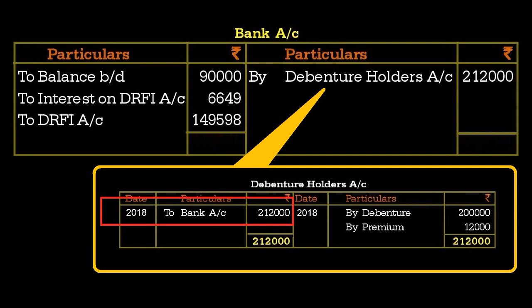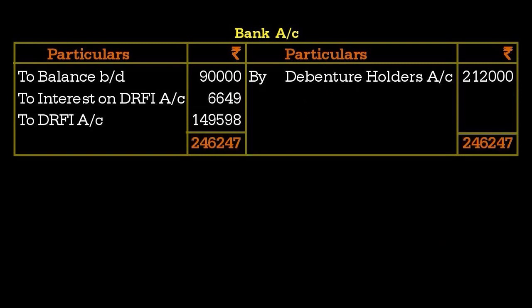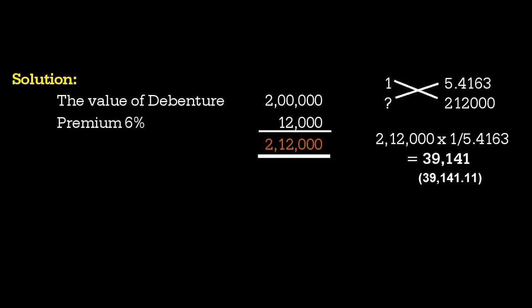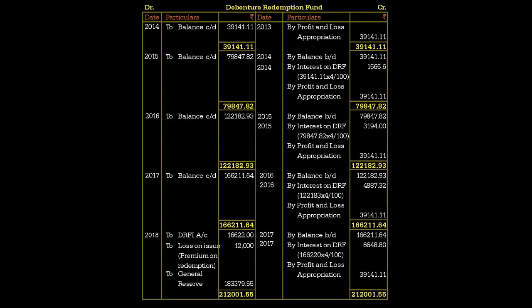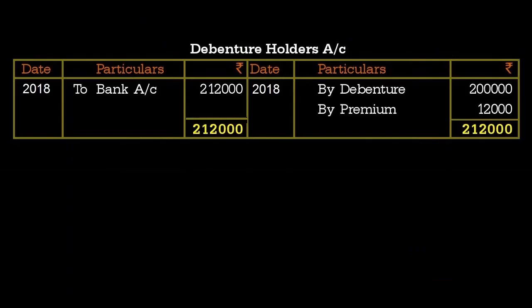So that will be written on the opposite side of the bank account, by debenture holders account 2,12,000. This we are going to pay them. Now finally we get the balancing figure, that is by balance carried down 34,247. So the bank account total is 2,46,247. Here all the 5 accounts are over. That is, the first 3 accounts are for all 5 years and the last 2 accounts are for only 1 year, that is the year of redemption.